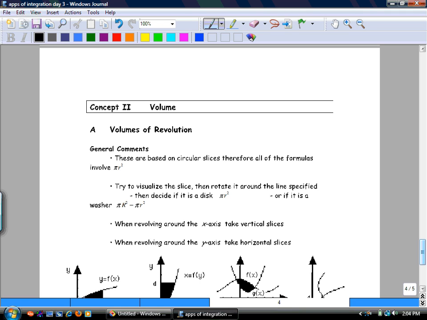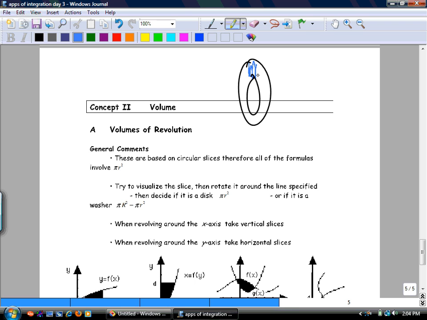If it's a disk, pi r squared, or if it's a washer, the area of the big circle minus the area of the little circle, pi R squared minus pi r squared. When revolving around the x-axis, this is a washer, a flat donut. Somebody's taken a disc and punched the middle out of it.